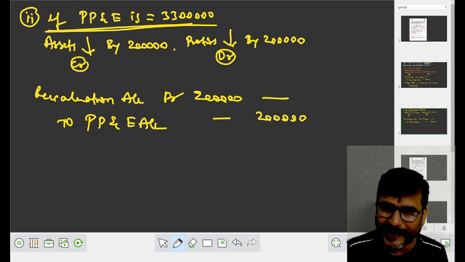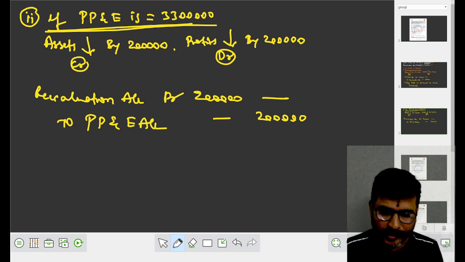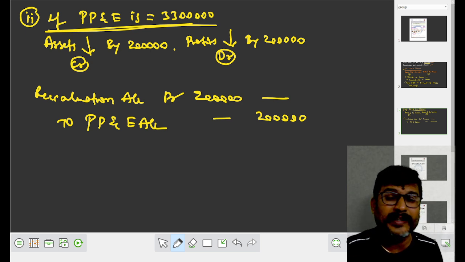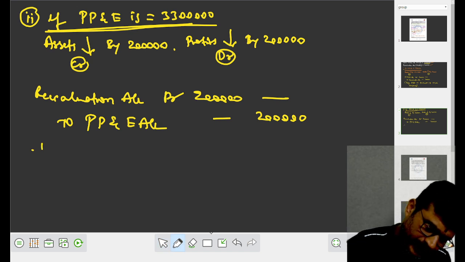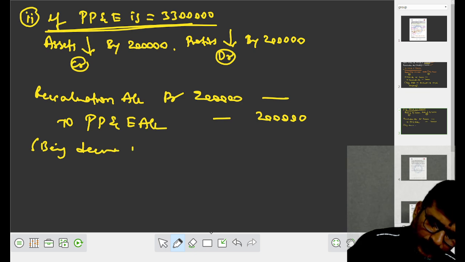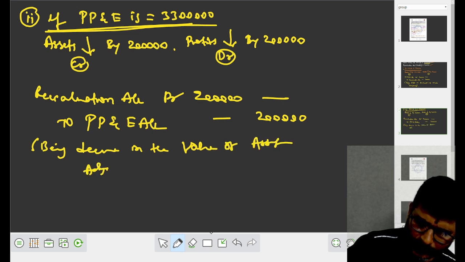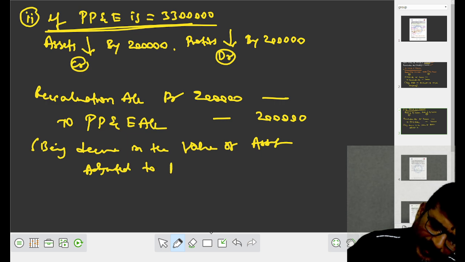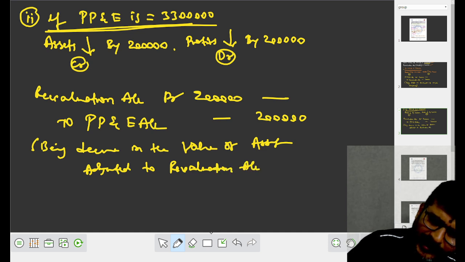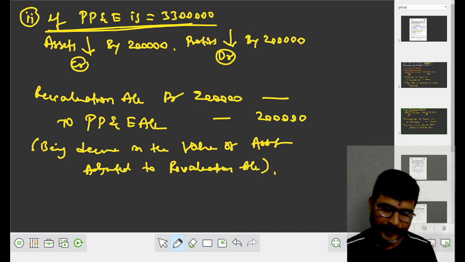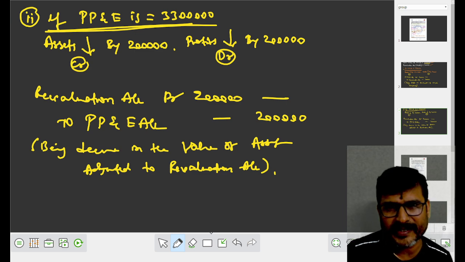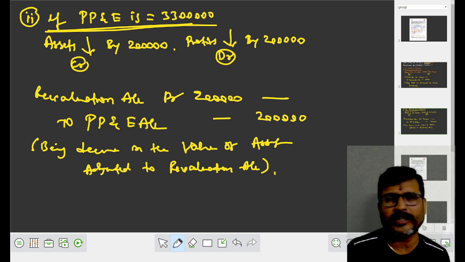You have to write with the heading, give the explanation, then give the journal entry. The reason is: being decrease in the value of asset adjusted to revaluation account. Are you getting my word?